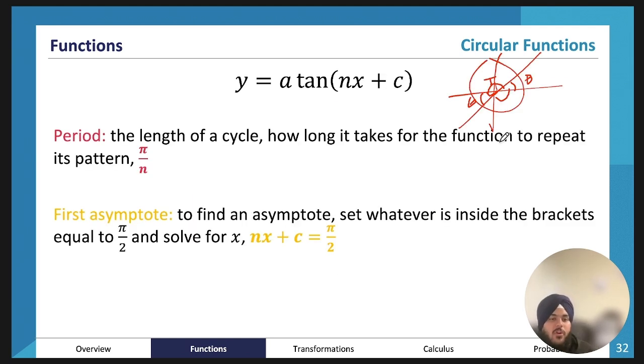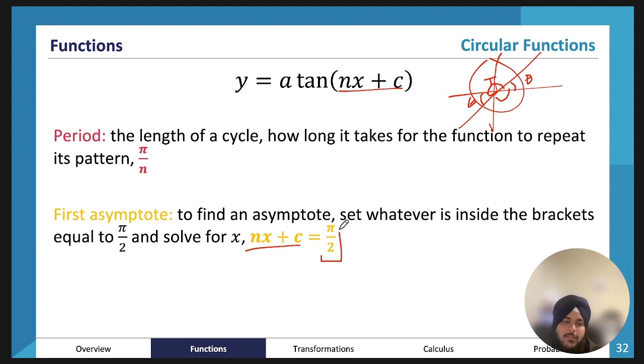Another thing you need to know about the tangent function is that since it's undefined at some values, namely at pi on 2, we will have asymptotes. Asymptotes are essentially a value that your graph is approaching but will never reach. The way you can determine where the first asymptote is, if there have been some transformations, is you let whatever is inside the brackets equal the original asymptote.